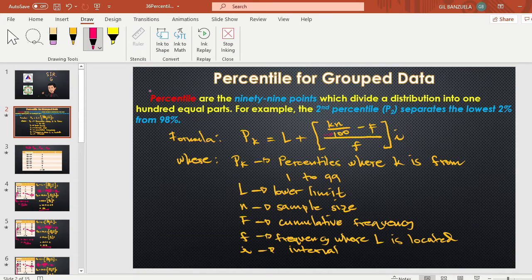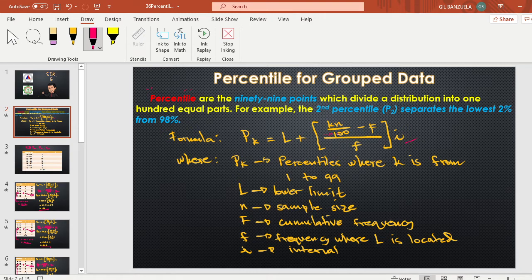The root word of percentile is percent, and of course it should be subtracted by the cumulative frequency, to be divided by the frequency where the lower limit is located, and of course we multiply by the class interval, just like what we did on quartiles and deciles.